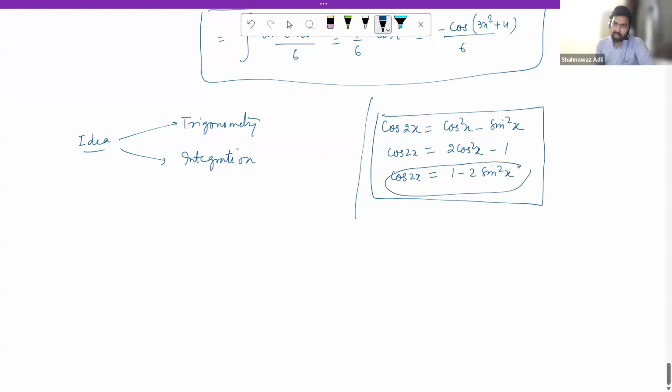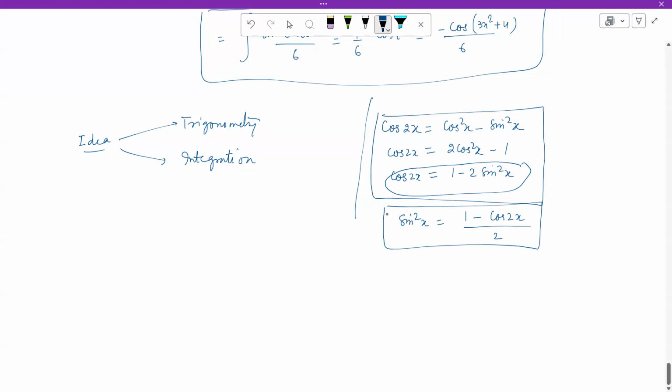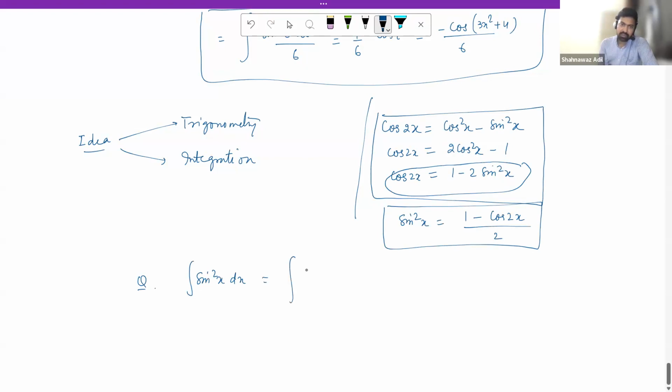Good. So I can write sine square x as 1 minus cos 2x by 2, right? Now this integration becomes easy. So the integral of sine square x is the integral of 1 minus cos 2x by 2 dx.